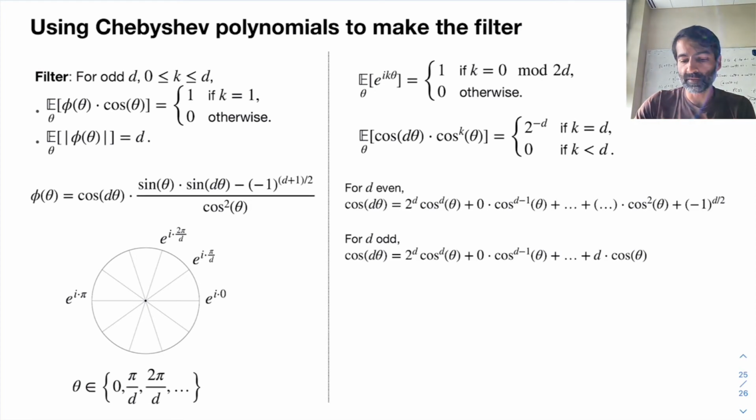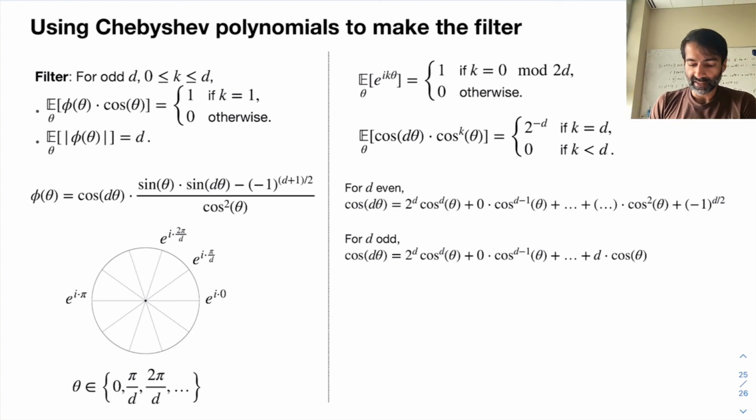The next couple of observations that are useful here have to do with the structure of the Chebyshev polynomials. The Chebyshev polynomial is cosine d theta expressed as a polynomial in cosine theta, and I want to make a few claims about these polynomials.